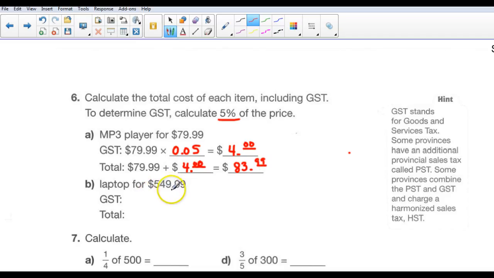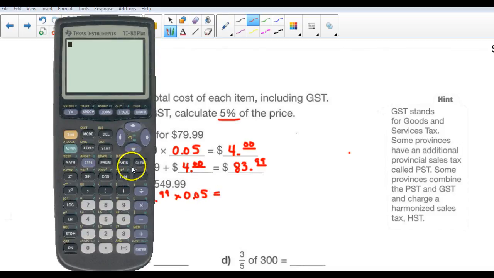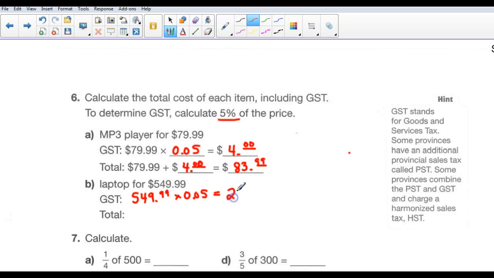So you've got a laptop. It's $549.99. Well, the GST we know is 5%. So the GST is going to be $549.99 multiplied by 0.05, and we're going to get an answer of, we have 549.99 times 0.05, that's your 5% GST, and you're going to be paying $27.50 GST.